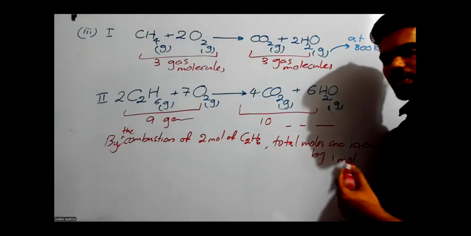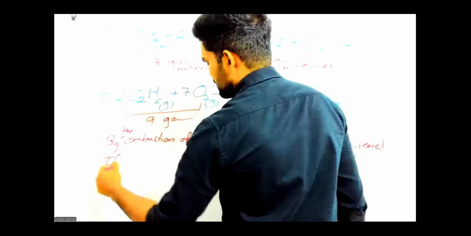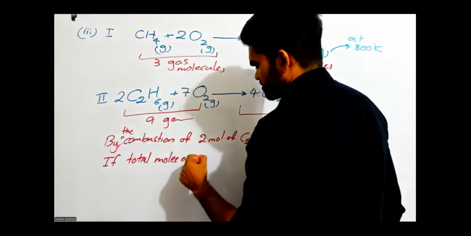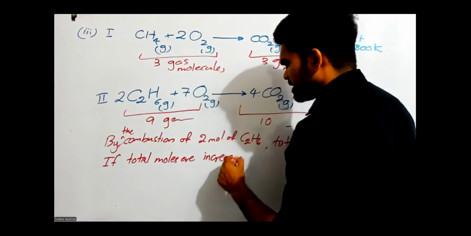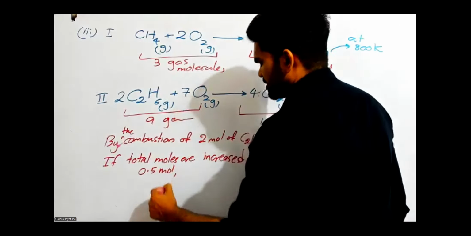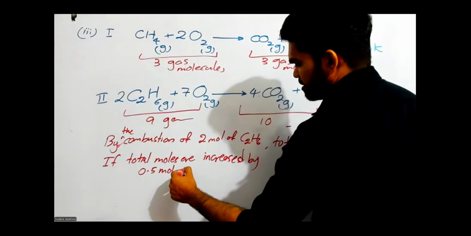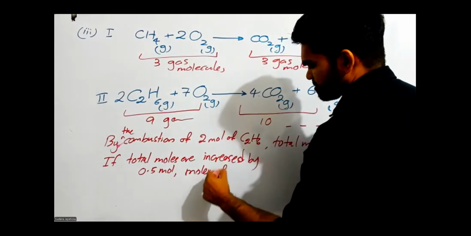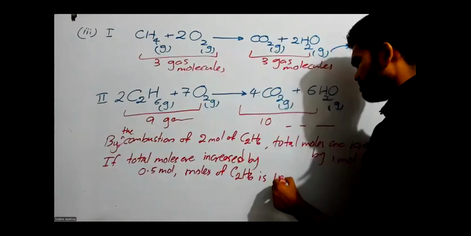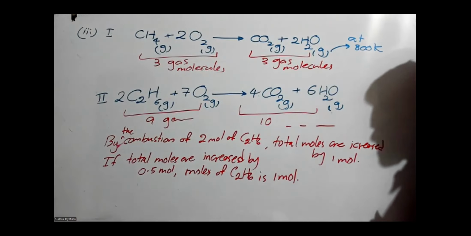If the total moles actually increased by 0.5 moles, we can say moles of C2H6 is not 2 moles, it is 1 mole. Is that clear now? Okay.